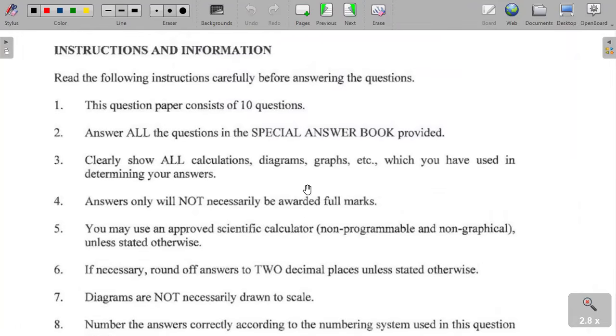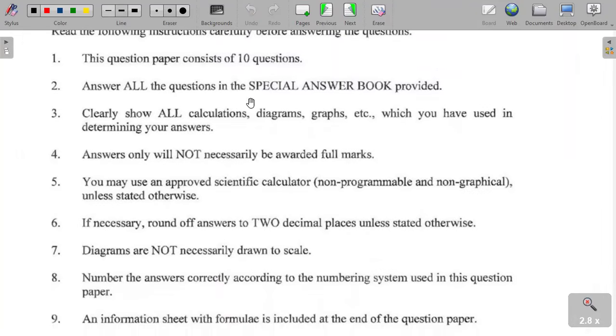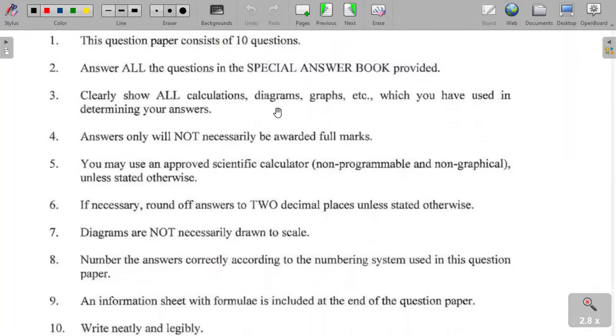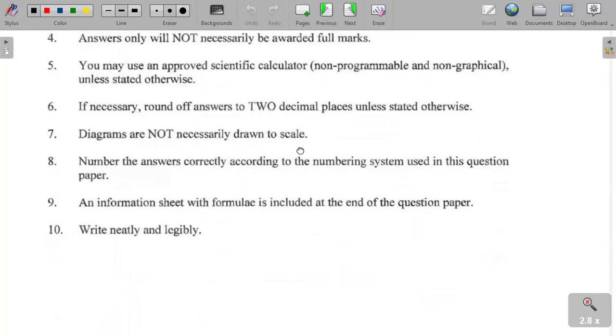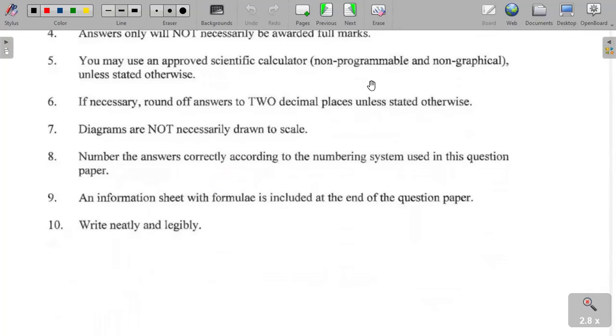These are the instructions here. Number 1, this question paper consists of 10 questions. Answer all the questions in the special answer book provided. Clearly show all calculations, diagrams, graphs, etc., which you have used in determining your answer. Answers only will not necessarily be awarded full marks. You may use an approved scientific calculator, non-programmable and non-graphical, unless stated otherwise.